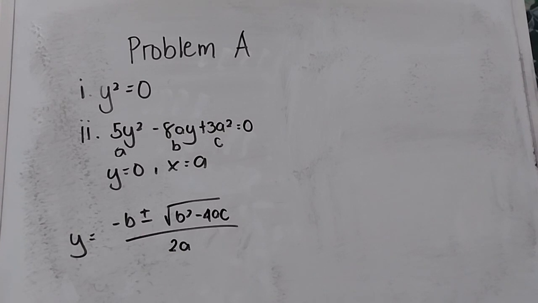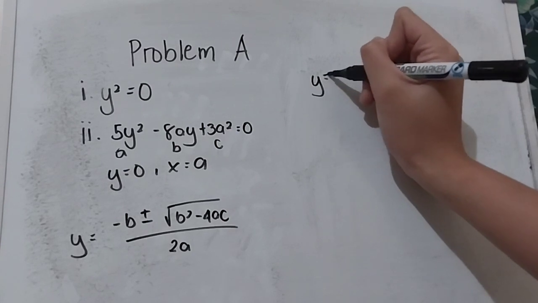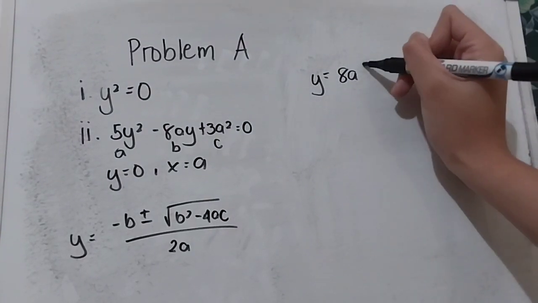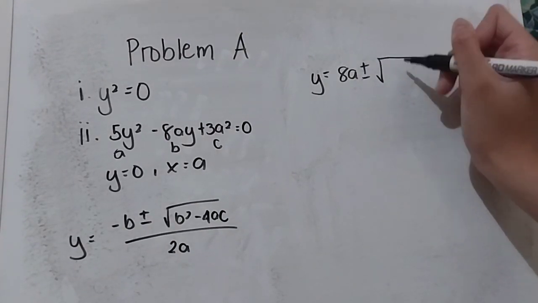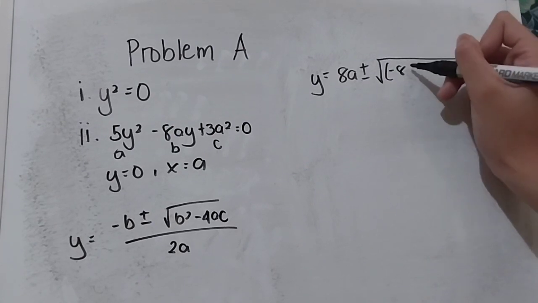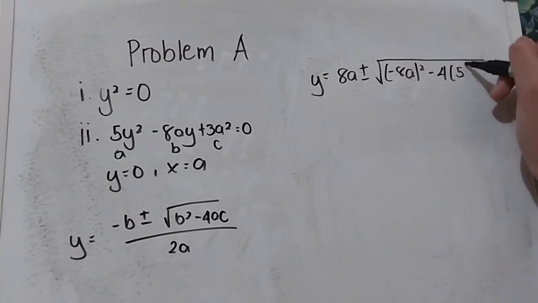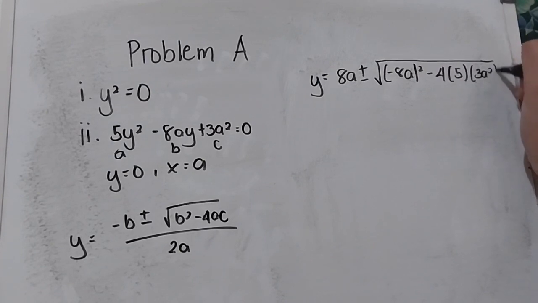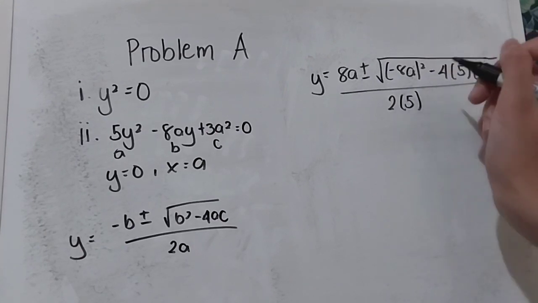For the next step, we are going to solve for the value of x and y using the quadratic formula. And we will now substitute the given. y equals 8a plus or minus the square root of negative 8a squared minus 4 times 5 times 3a squared over 2a. a is 5.